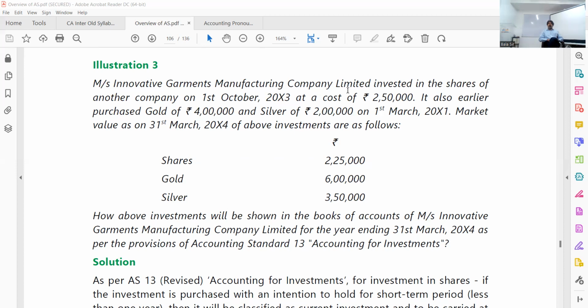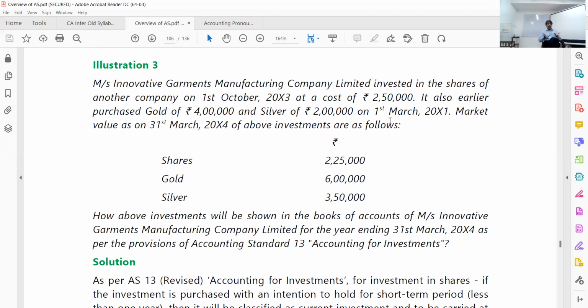See, remember here, they didn't say what the intention of your company, Innovative Garments, is. Right now only 6 months are over. You bought these shares on 1st October 20x3, and the year ends on 31/3/20x4. So far, 6 months. Now, do you want to hold it for not more than 12 months or more than 12 months?